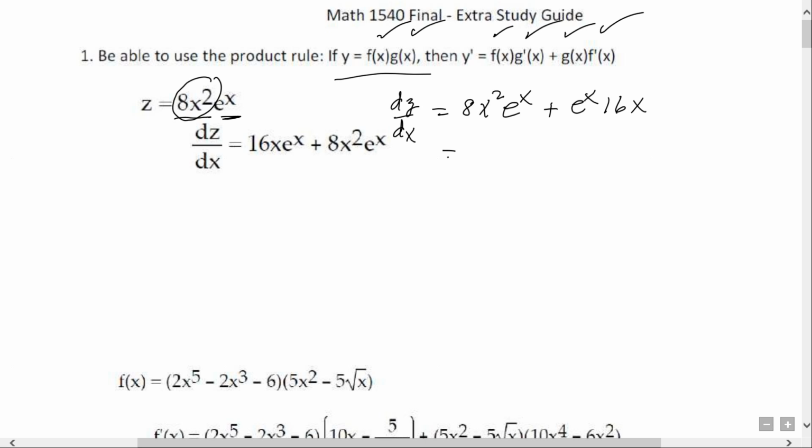And we can rewrite this as 16x e to the x plus 8x squared times e to the x. So that is the first problem.